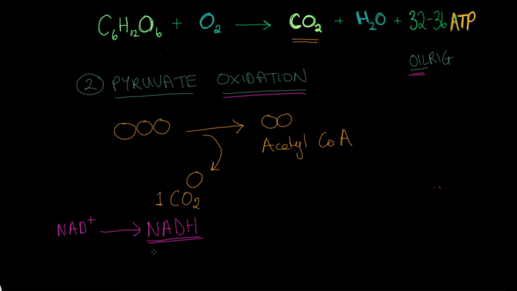So the products of pyruvate oxidation are, per glucose molecule, 2 molecules of carbon dioxide and some NADH. That NADH is going to go into the last step, which is the electron transport chain. This carbon dioxide is exhaled. This acetyl-CoA, 2 per glucose molecule, are going to enter step 3, which is the Krebs cycle.